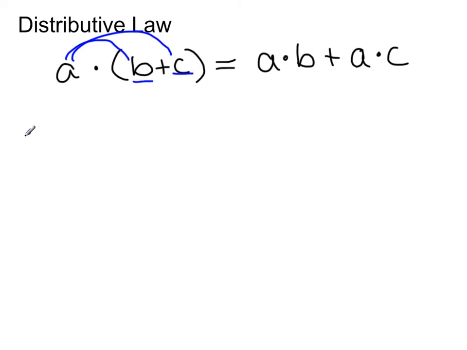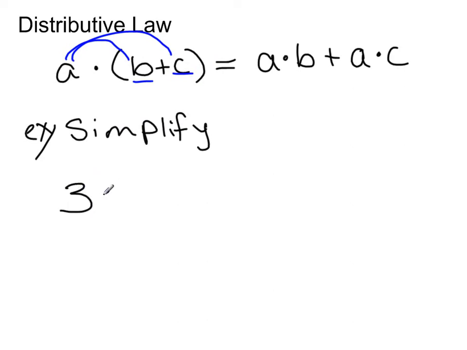So how we're going to use this is if we're asked to simplify, and we have the dreaded case where we have 3 times, and I should write my times sign, x plus 2. Now, they said simplify, so that tells us, oh, I should do something to this. And inside parentheses, we have x plus 2. X and 2 are not like terms.